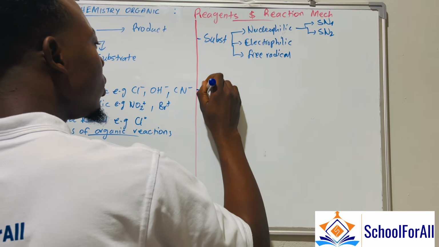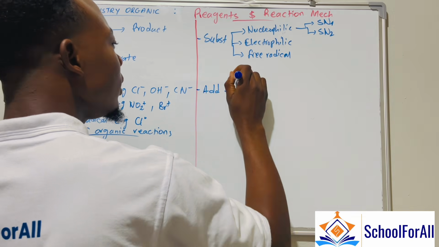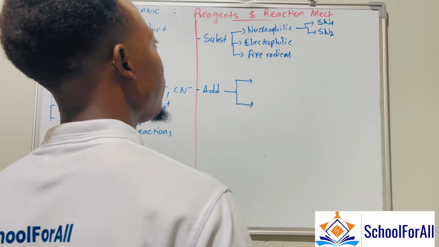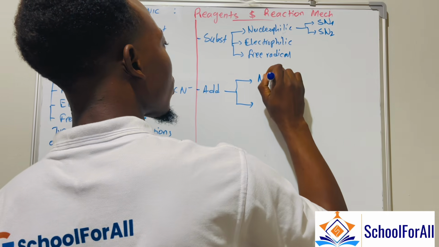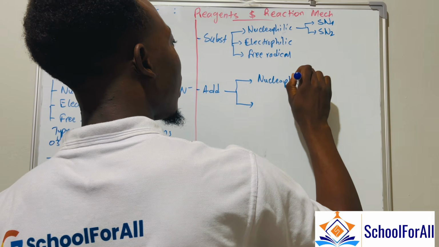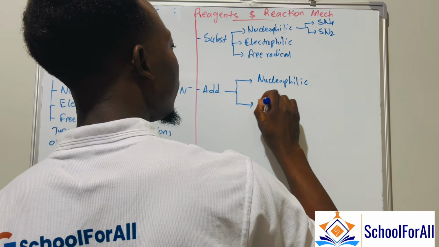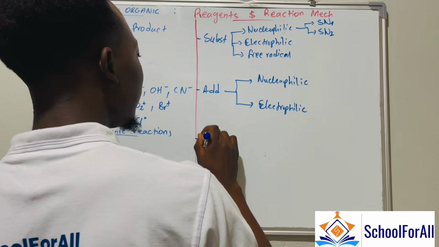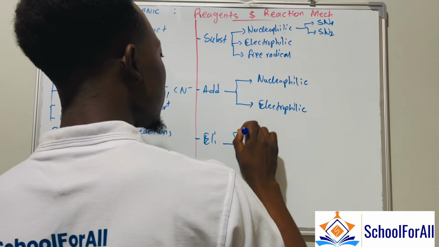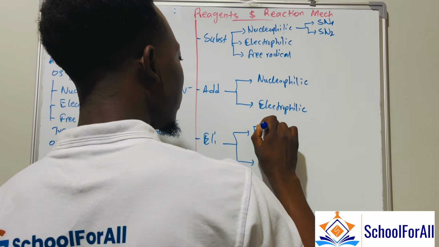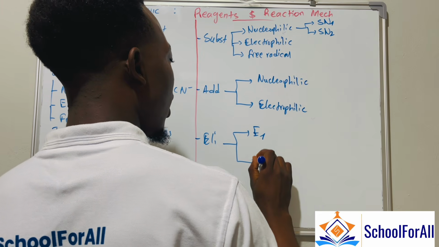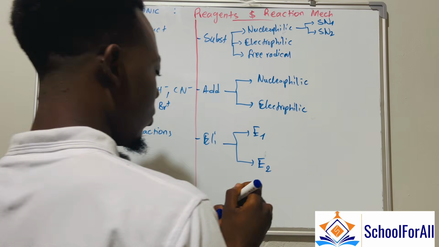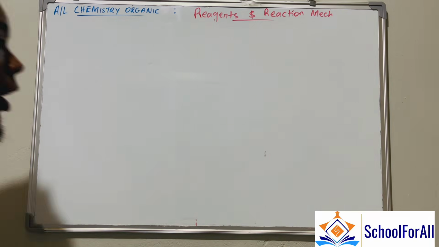Now, addition reaction will be separated into two types, which are nucleophilic addition and electrophilic addition. And lastly, elimination will be separated into E1, that is unimolecular elimination, and E2, that is bimolecular elimination.